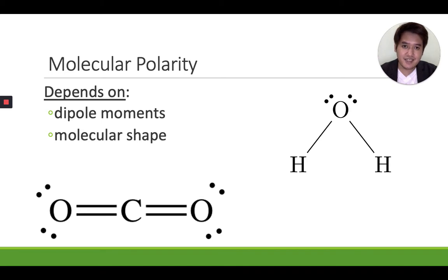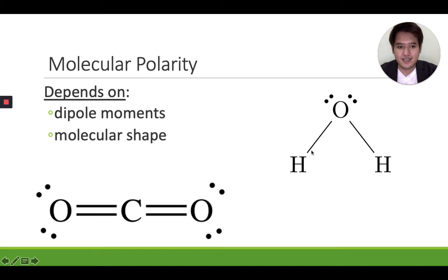So we go back to our previous examples, wherein we talked about the molecular shape of water and carbon dioxide. We now know that water is a bent molecule because of the presence of two non-bonding domains on the central atom. So what happens here?